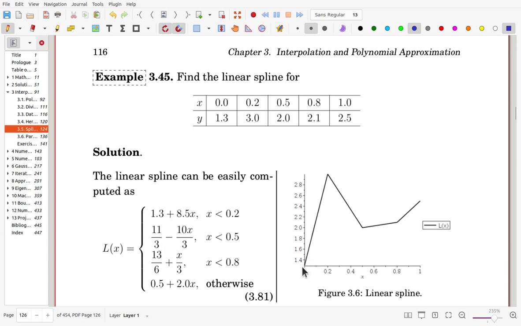Right now, the data points are this one, that one, and this one, and this one, and that. For consecutive data points, we try to connect them linearly like that. So that is a linear spline.